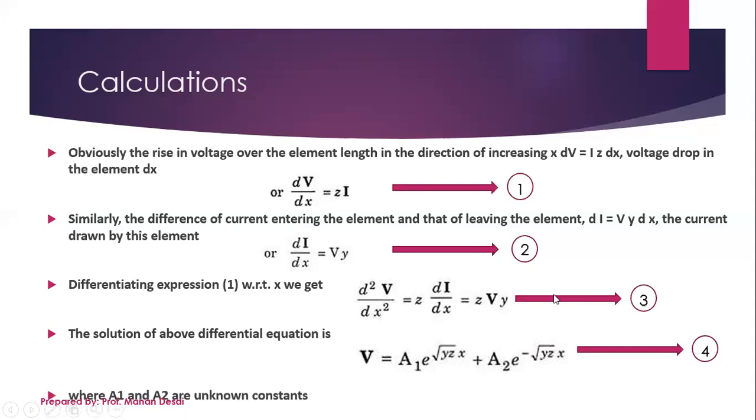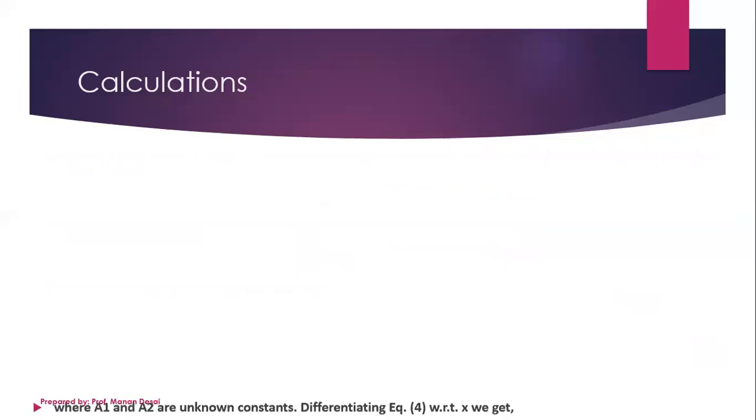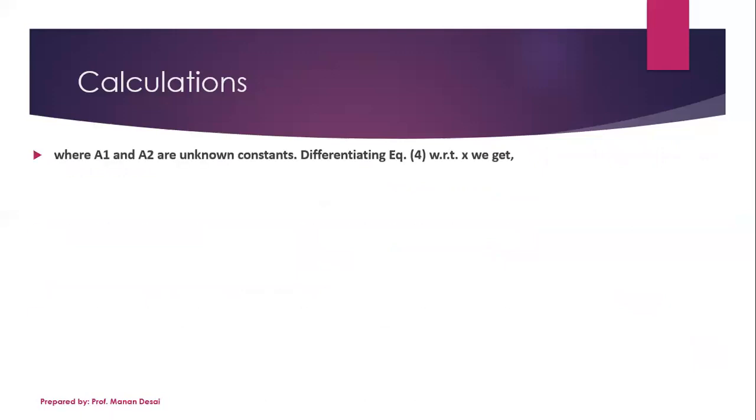Now A1 and A2 are unknown constants, as we saw in the previous slide with reference to equation 4.